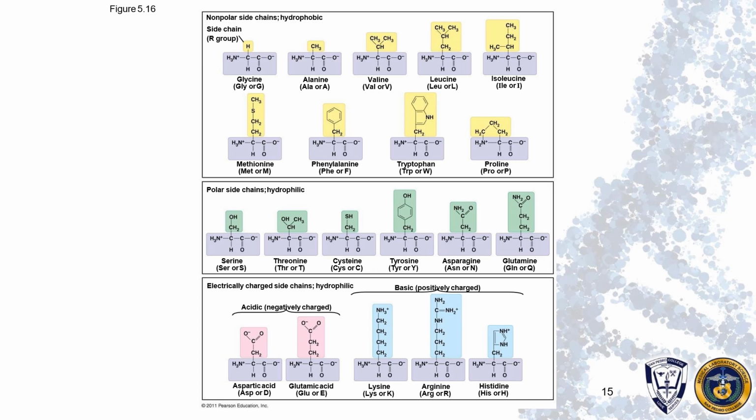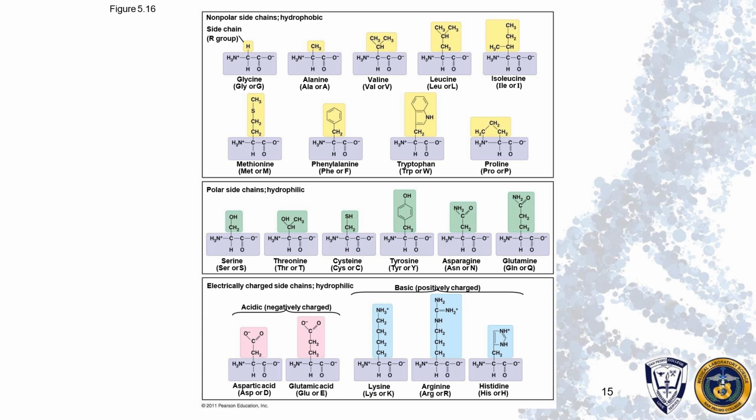So it could either be a non-polar or hydrophobic side chain, a polar or hydrophilic side chain, or another hydrophilic type with electrically charged side chains. For the non-polar side chains, we have glycine, alanine, valine, leucine, isoleucine, methionine, phenylalanine, tryptophan, and proline.